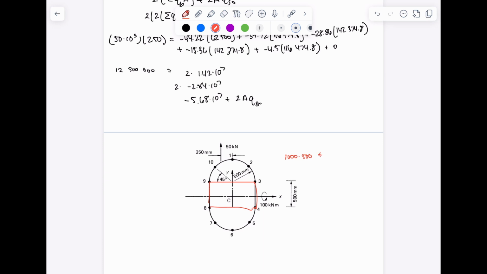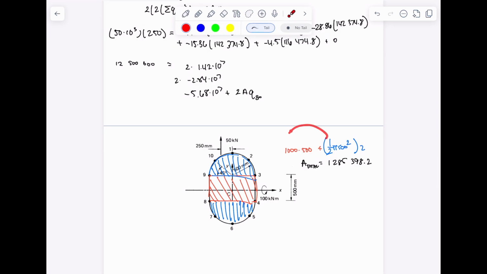We also need to add the semicircle up here, which is 1/2 pi r squared, 500 squared. And we multiply by 2 because there are two semicircles. If we solve for that, the total area is equal to 1,285,398.2.